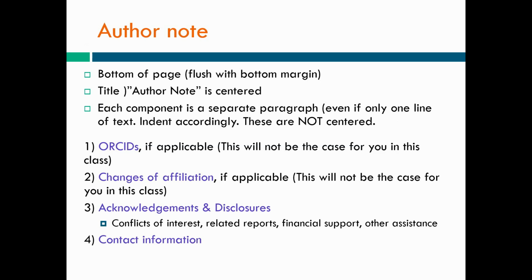Acknowledgements and disclosures, so conflicts of interest, so on and so forth. We will have a statement on that saying that there was no conflict of interest for the current study. And then lastly, contact information. So this will include your name, your email, and the address of the university that you are representing. So that will be the address of Cal State San Bernardino.